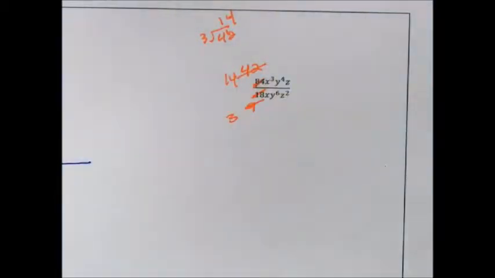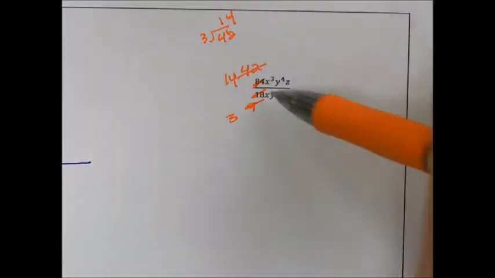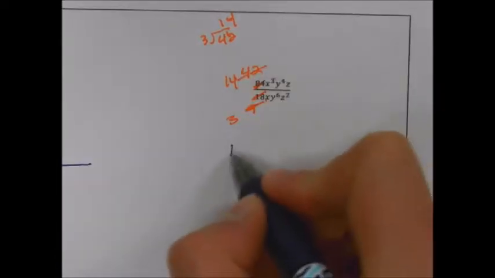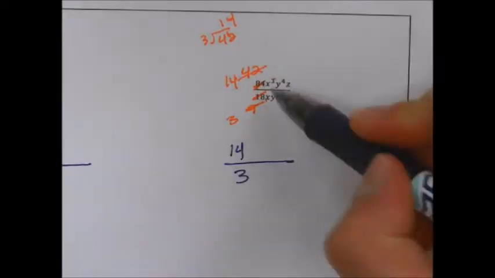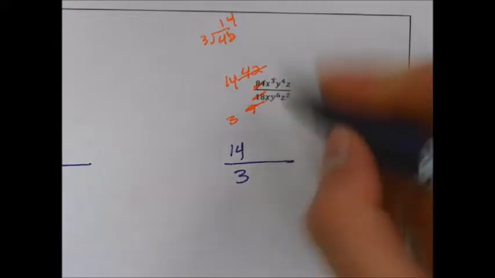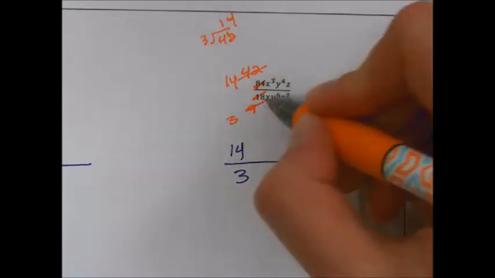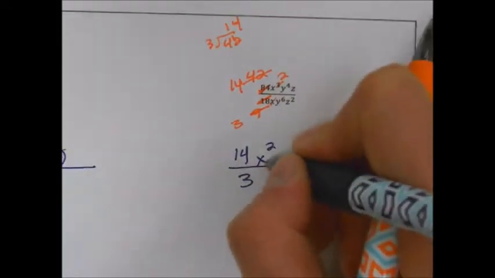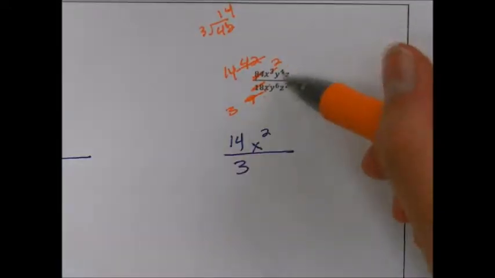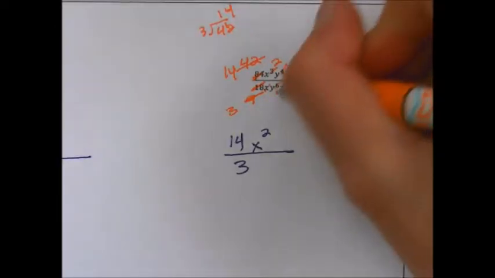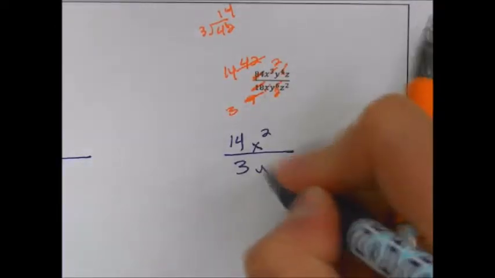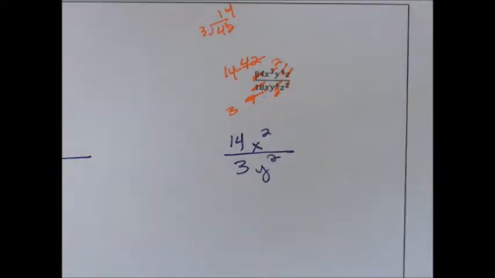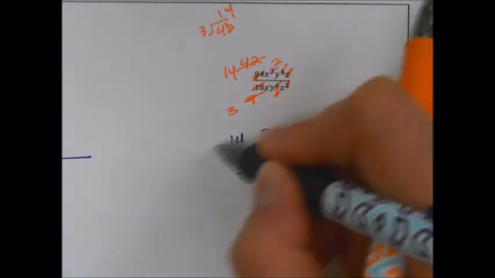So that reduces to 14 over 3. And then I'm going to do 3 minus 1. That's going to give me 2. So I have an x squared. And then I have 4 minus 6, but they're on the bottom. So that gives me a y squared on the bottom. And then this z crosses out with one of these. So I'm left with 1z on the bottom.